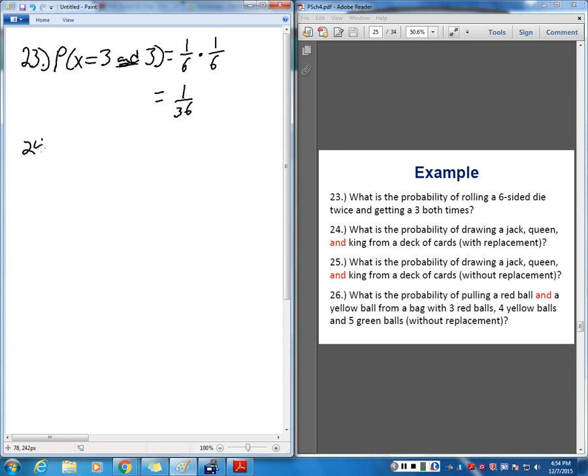Number 24. What's the probability of drawing a jack, queen, and king from a deck of cards in that order with replacement? Probability of jack and queen and king.